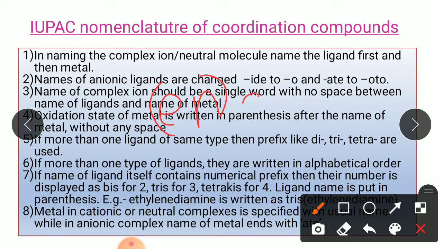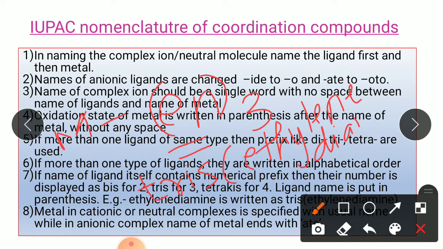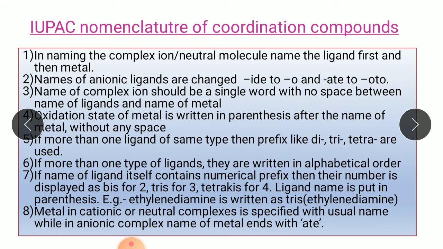If three molecules of ethylene diamine are attached to a metal, then while writing the name of this ligand, it is written as tris and the name of the ligand is written in brackets, that is tris(ethylene diamine). So tris is the number of ligands which are attached to the metal.